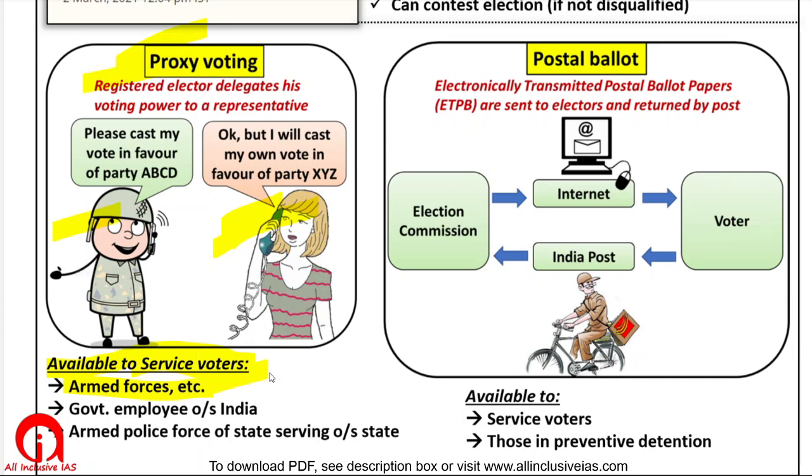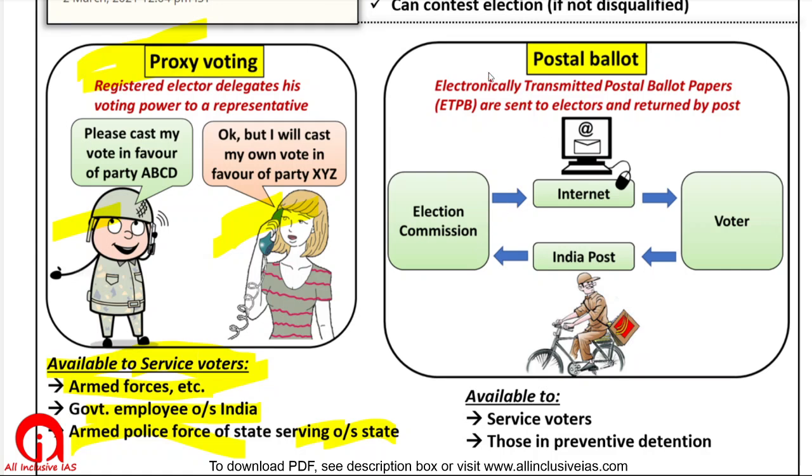For example, CISF, CRPF, BSF, ITBP, Sashastra Seema Bal. Also, if there is any government employee outside India, like diplomats, tomorrow you will become an IFS officer and be posted in some other country. You are a government employee posted outside India, so yes, you can use this proxy voting method to cast your vote. And also the armed police force of a state while serving outside that state.